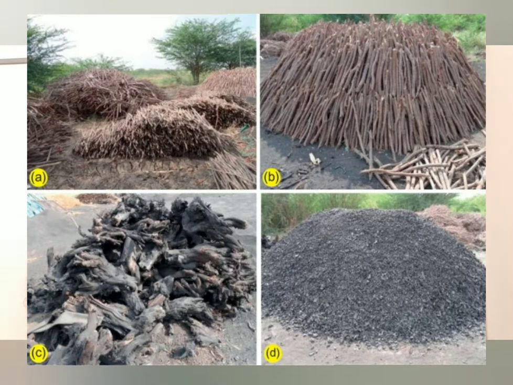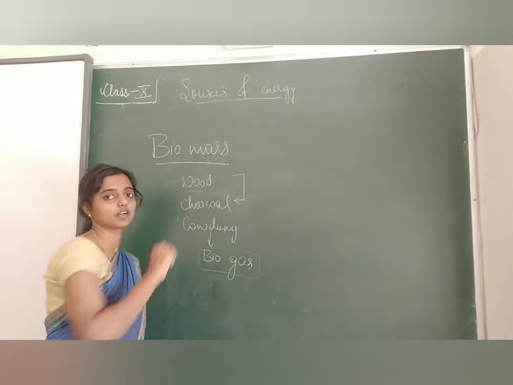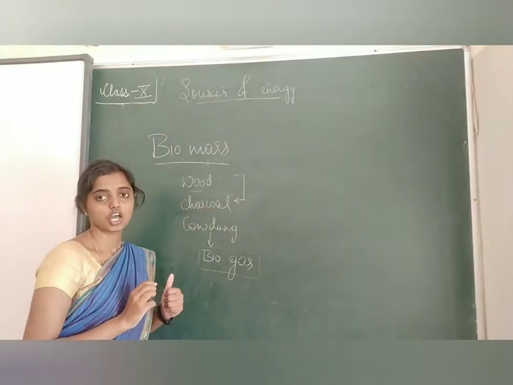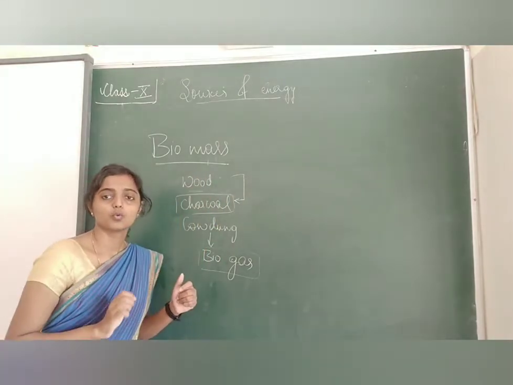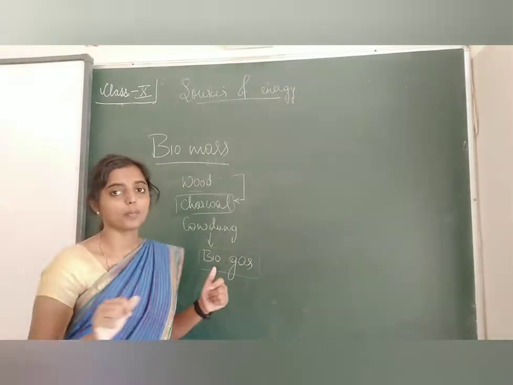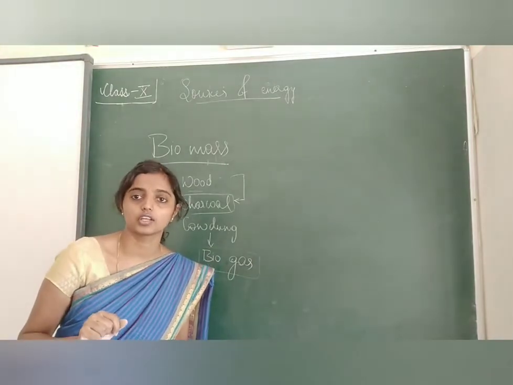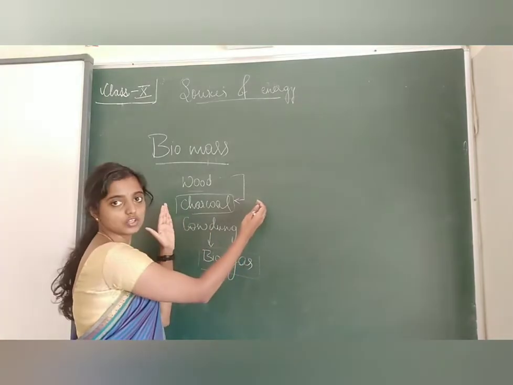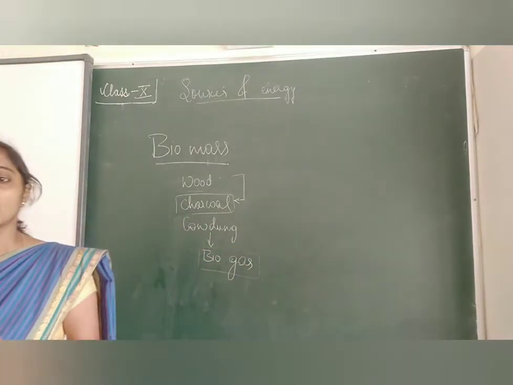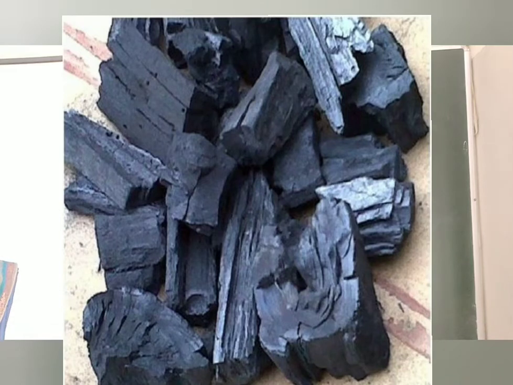Now we understood that from wood we converted it into charcoal. Wood also acts as a biomass, but it has some disadvantages. To improve that, we converted it into charcoal. Now let us study charcoal. What is charcoal?